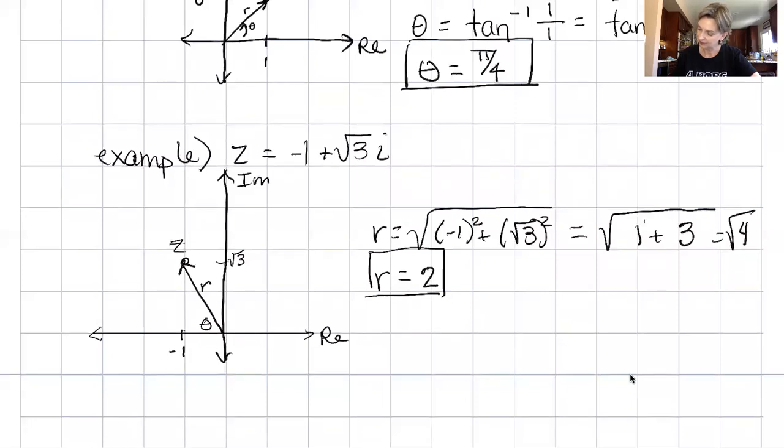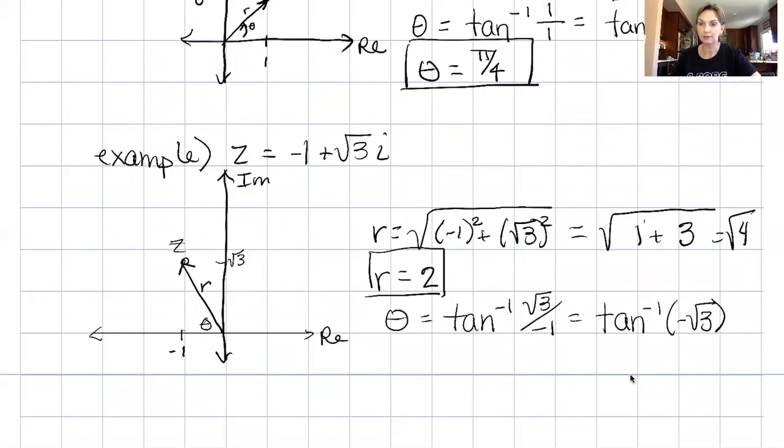Okay. So, y over x, right? Our y is the square root of 3. Our x is -1. So we're interested in the angle that has a tangent of negative square root of 3 and is in quadrant 2.